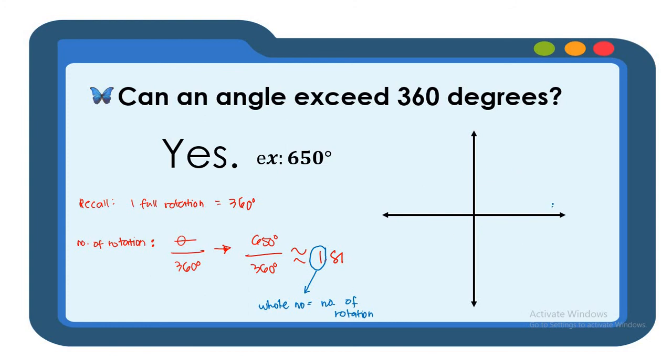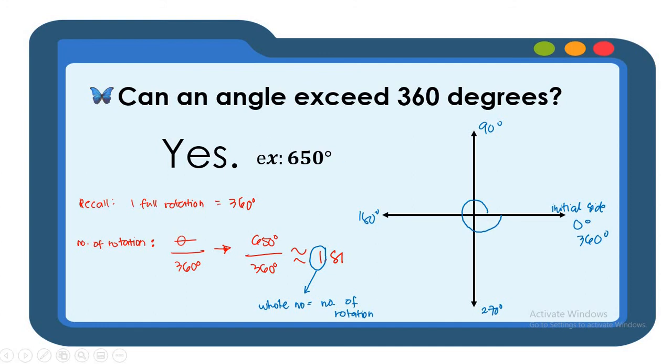Starting from the initial side here, we're going to move one full rotation, and this is 360 degrees. This is 0, 90, 180, 270, then back to 360 degrees. So this is already one full rotation. How much more angle do we need to obtain 650 degrees?